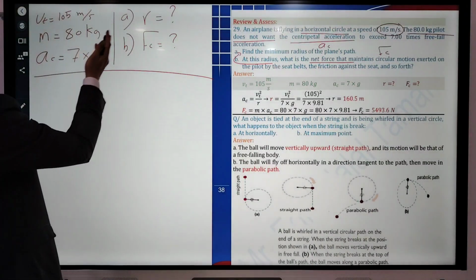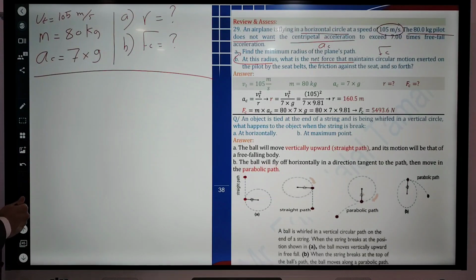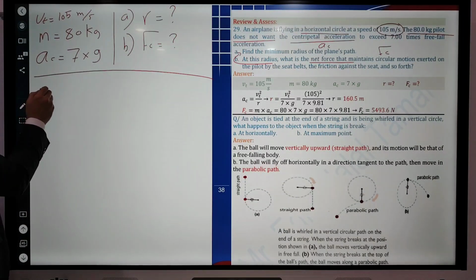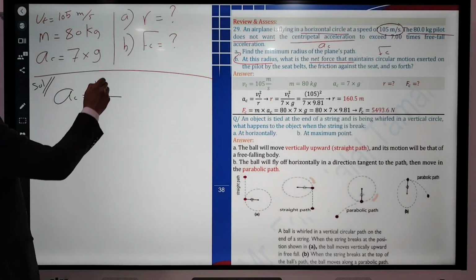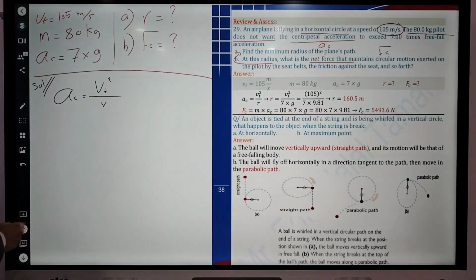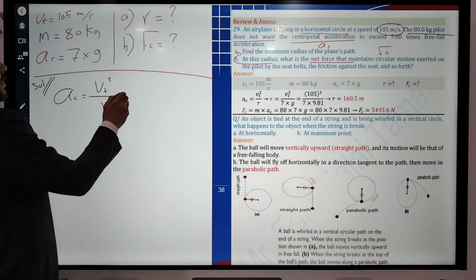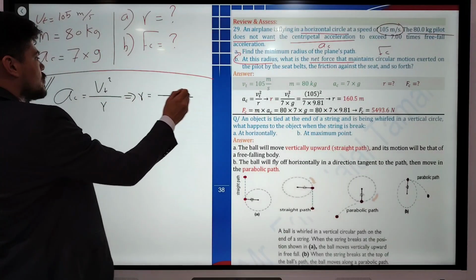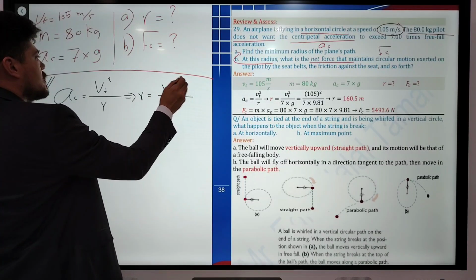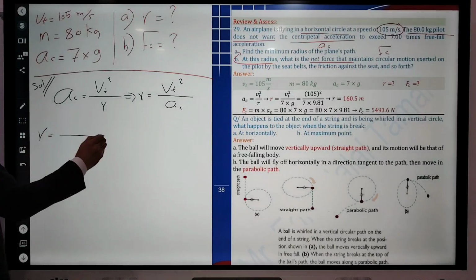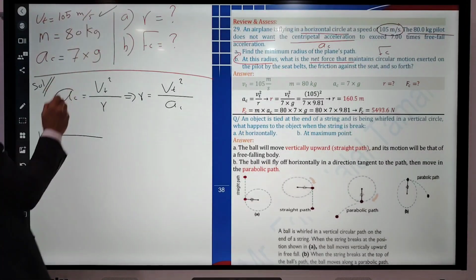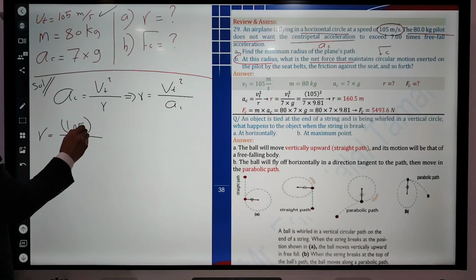To find the radius of the plane's circular path, we have to use the equation of AC. AC is equal to Vt squared over R. What is unknown here? R. R is equal to Vt squared over AC. Do we have Vt? Yes, 105 squared.